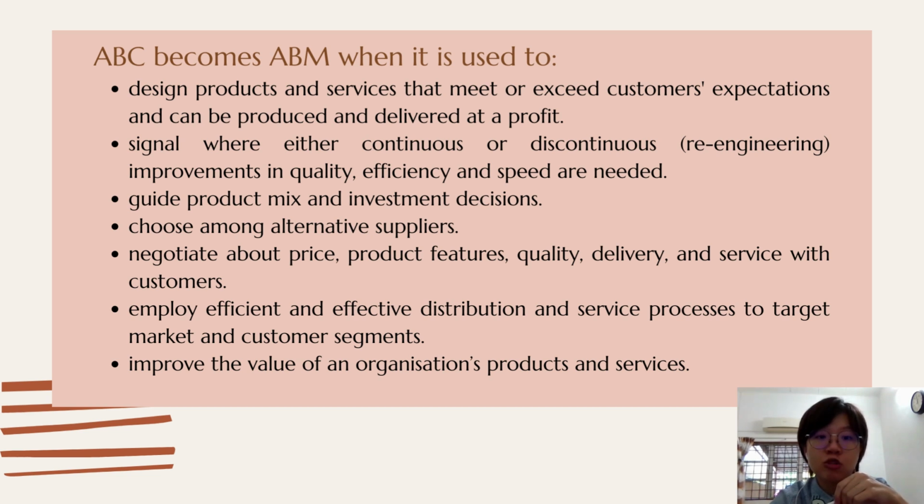The fourth one is used to choose among the alternative suppliers. The fifth one is used to negotiate about the price, the product features, the quality, delivery, and the service with customers. The next one is used to employ efficient and effective distribution and service processes to the target market and also the customer segments. And lastly, it is used to improve the value of an organization's products and also services.